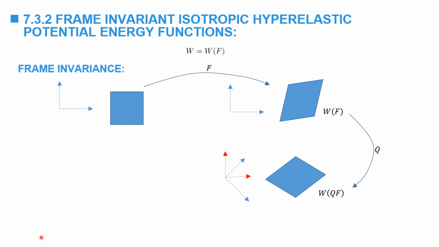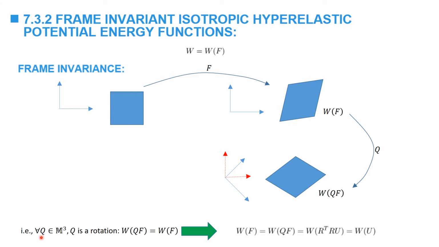This leads to the following mathematical statement. For any choice of rotation, the energy of QF has to be equal to the energy of F. This implies mathematically that the energy has to be a function of U, which is the positive square root of F transpose F. I encourage you to visit the section on the deformation gradient where we introduced this deformation measure.